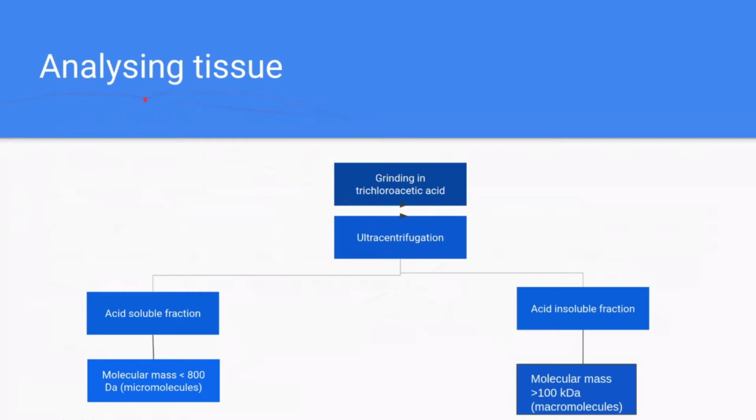So, analyzing tissue: before you analyze a tissue for the biomolecules it contains, you need to treat it with a specific procedure. You take a mortar and pestle and grind it with trichloroacetic acid. It's another carboxylic acid with 3 substituted chlorine atoms.